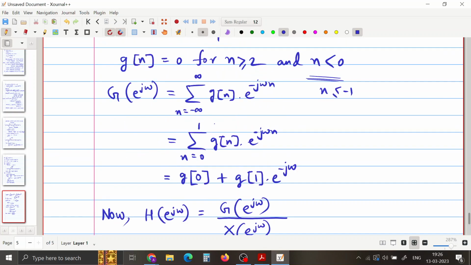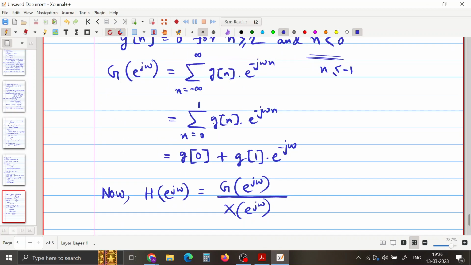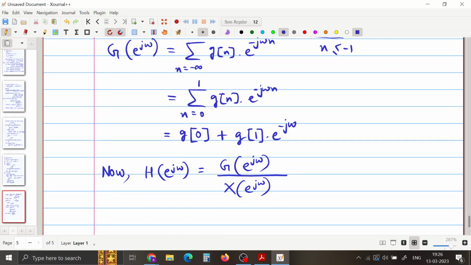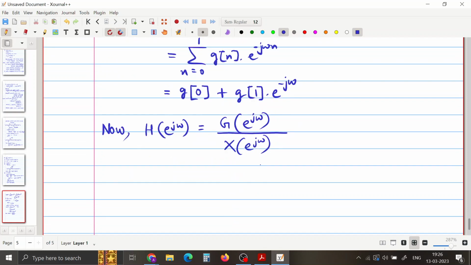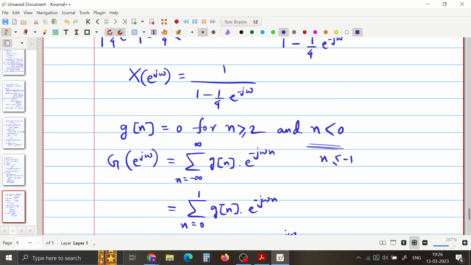We just got that capital G of e power j omega is small g of 0 plus small g of 1 times e power minus j omega, divided by capital X of e power j omega, and we got that capital X is 1 by 1 minus 1/4 e power minus j omega.